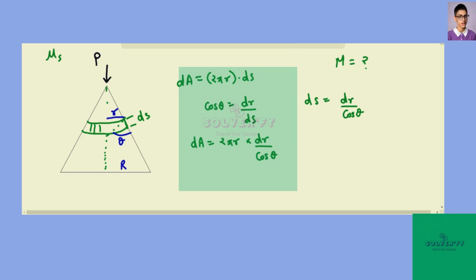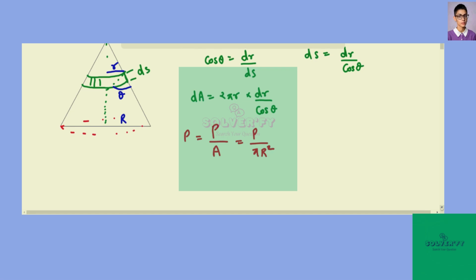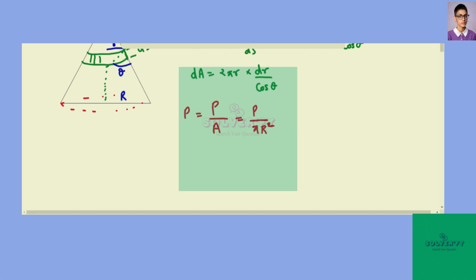Now the intensity of pressure is load upon area, and the area of this base, the radius being capital R, is pi R square. So this is the intensity of pressure. Now we determine the normal reaction. The normal reaction is equal to the intensity of pressure into the elemental area.